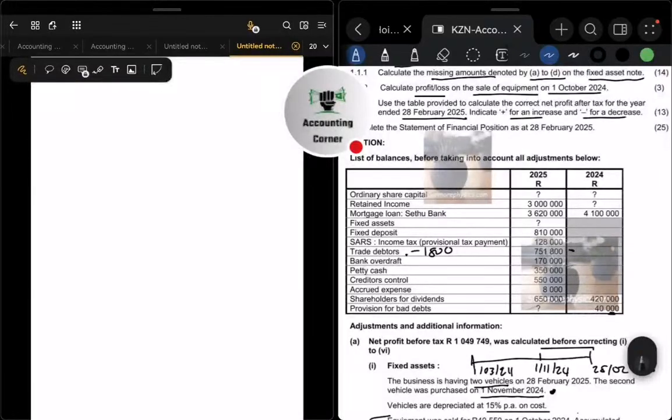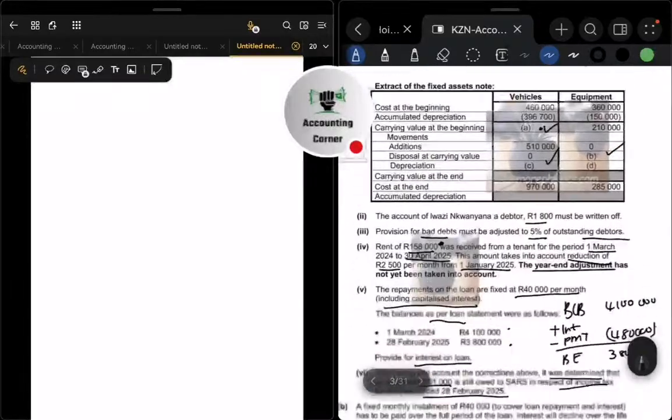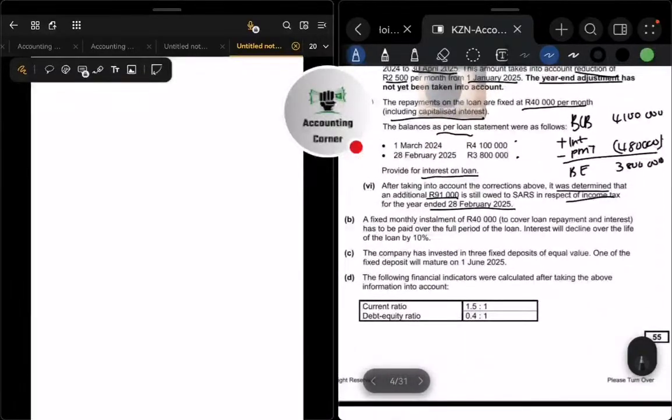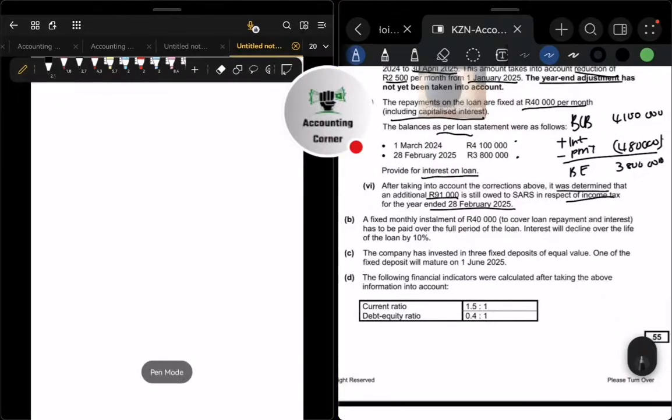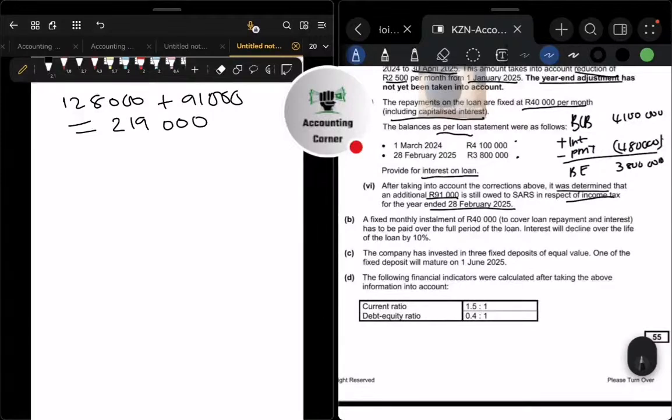And then we are told in the adjustment that we still owe 91,000. So the total that we owed was 128 plus 91, which gives us 219,000. So that's how much our total income tax is.